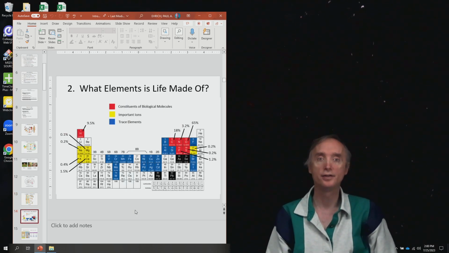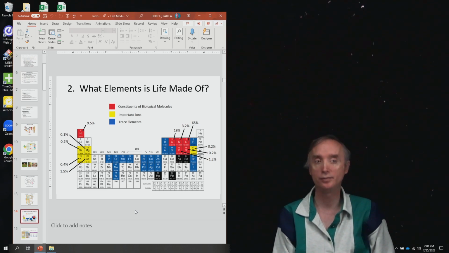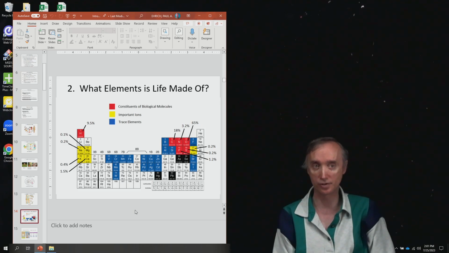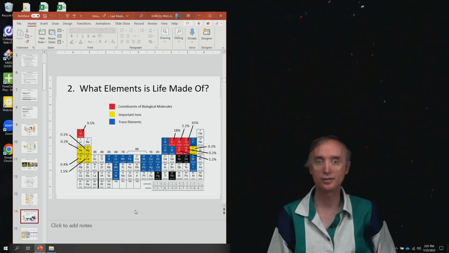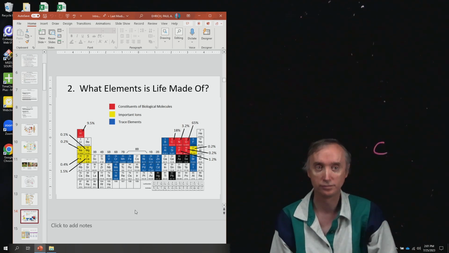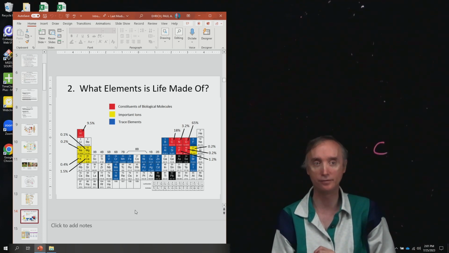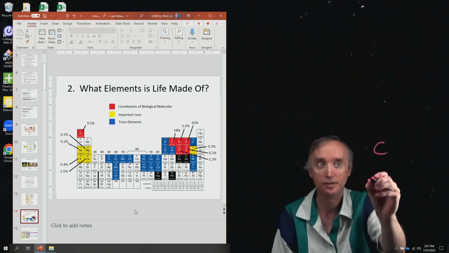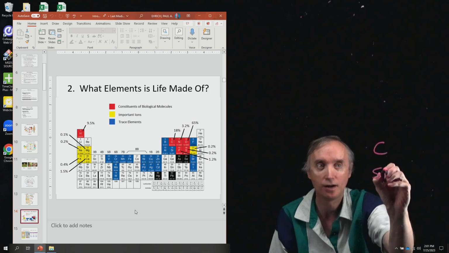Okay, next thing, can you name 2 elements that life is composed of? So what do you think is the most important element that life is based on? So it's going to be carbon. So we are carbon-based life forms. Now if I said what's the most important element in geology, then you should have said silicon.